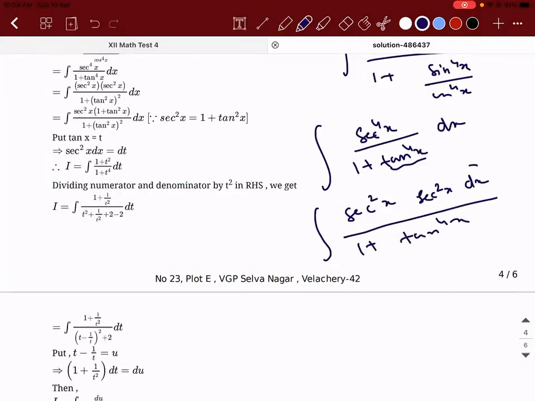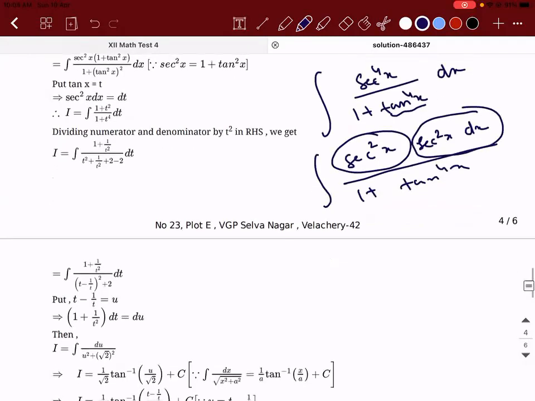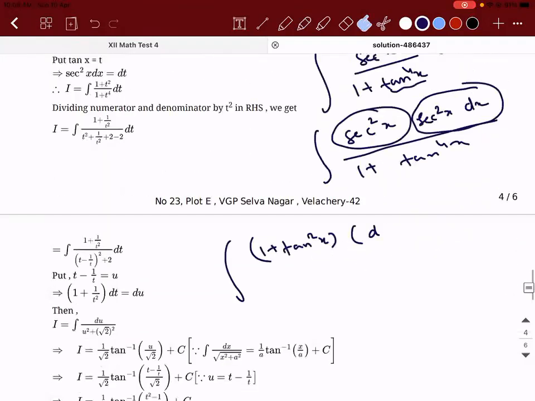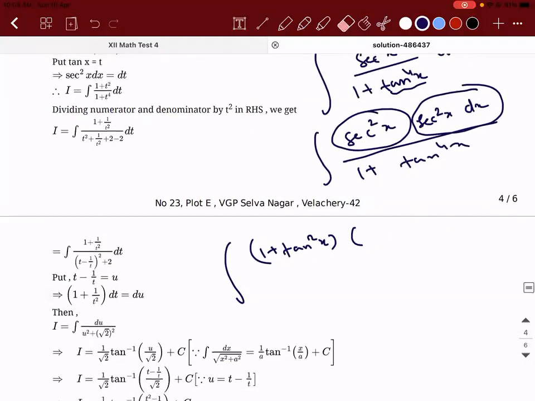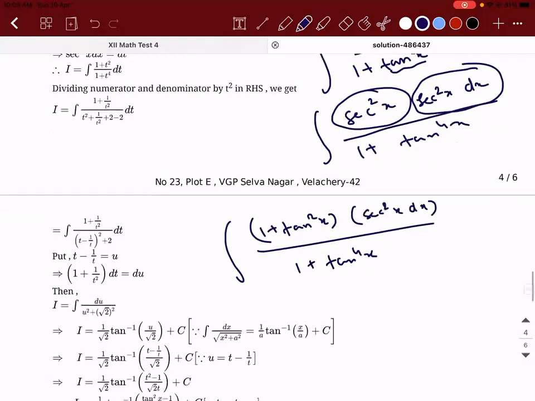I'll leave this secant square x dx as it is, and write the other secant square x as 1 plus tan square x. So it is 1 plus tan square x into secant square x dx divided by 1 plus tan power 4x.